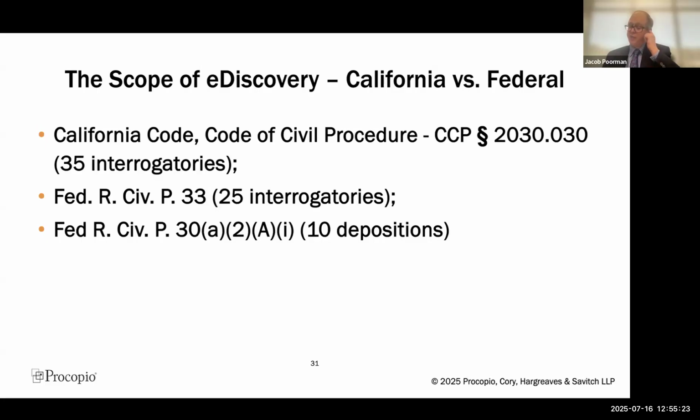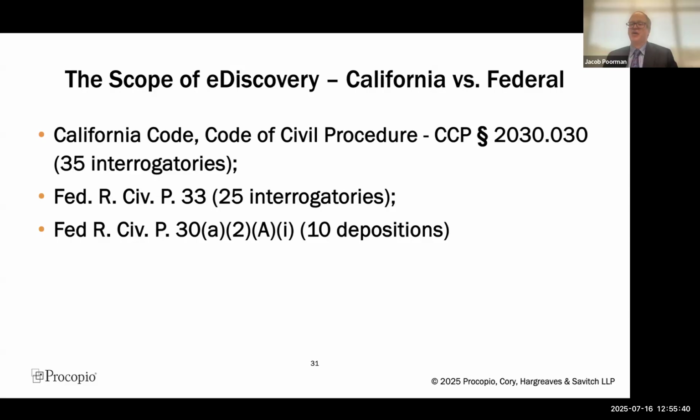In federal court, a party may only serve 25 interrogatories. In California, a party may serve as many form interrogatories as it may like. In addition, it may serve 35 special interrogatories, or interrogatories crafted for that matter.